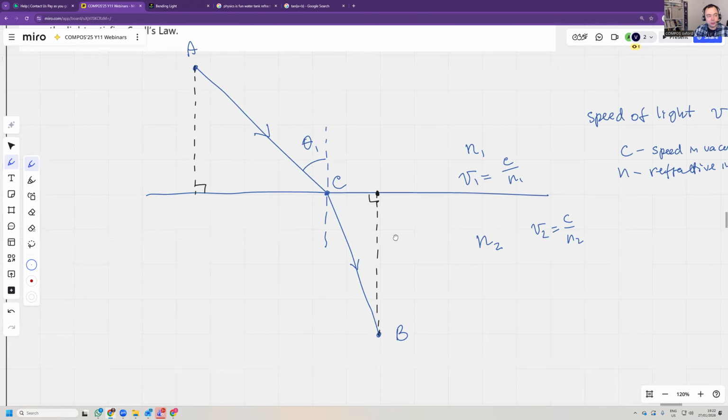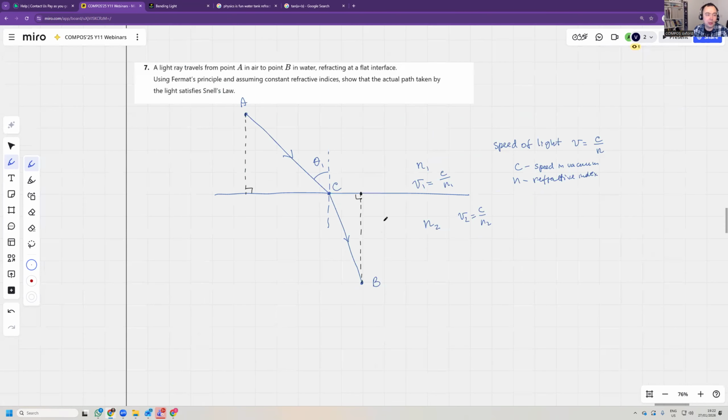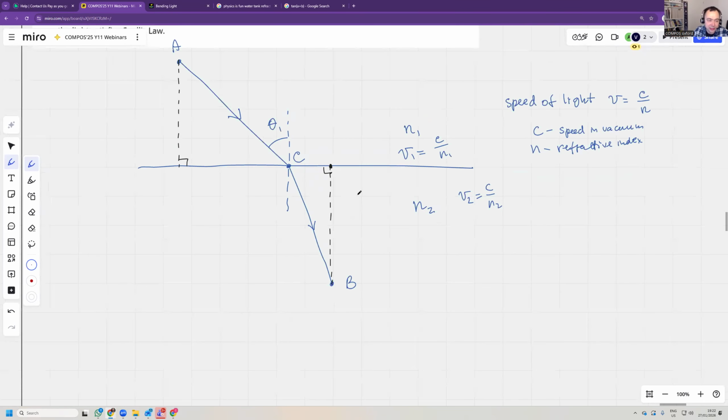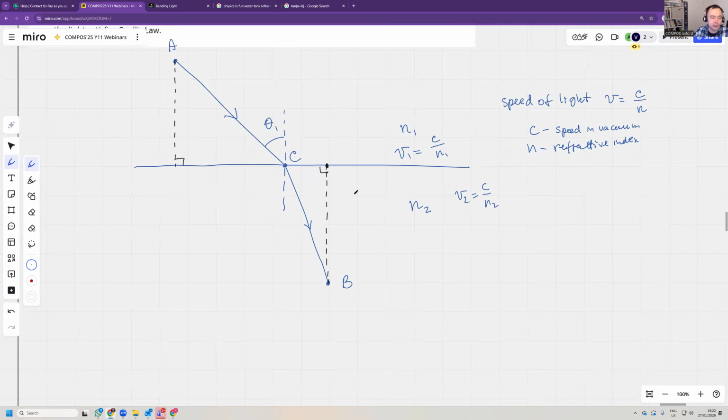So we need to go from point A to point B in the quickest possible path. That's our aim.